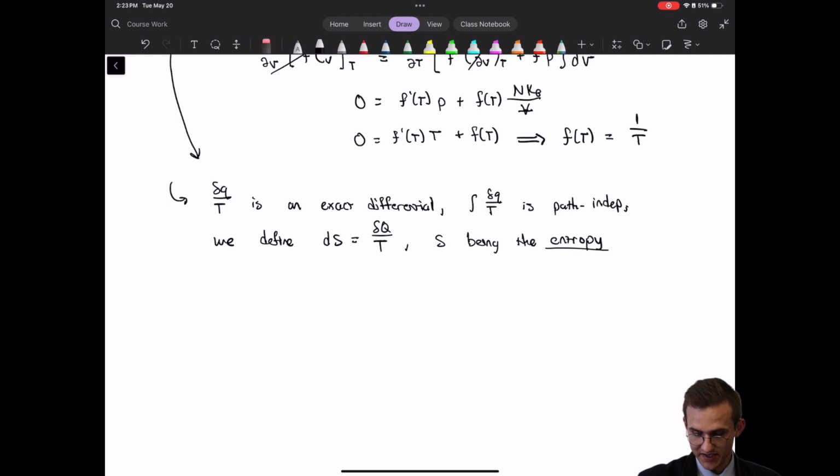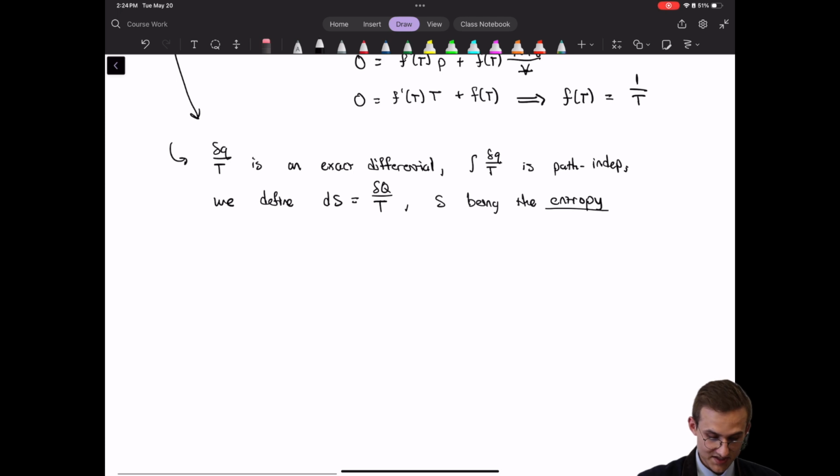And hopefully, this being an upper level course, it's useful to see how he came up with this idea in the first place, trying to work the heat transfer into a path independent quantity. However, that's where this leaves us.